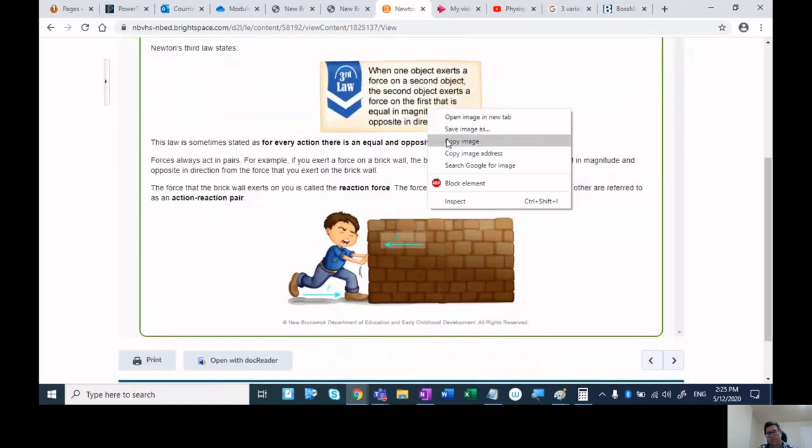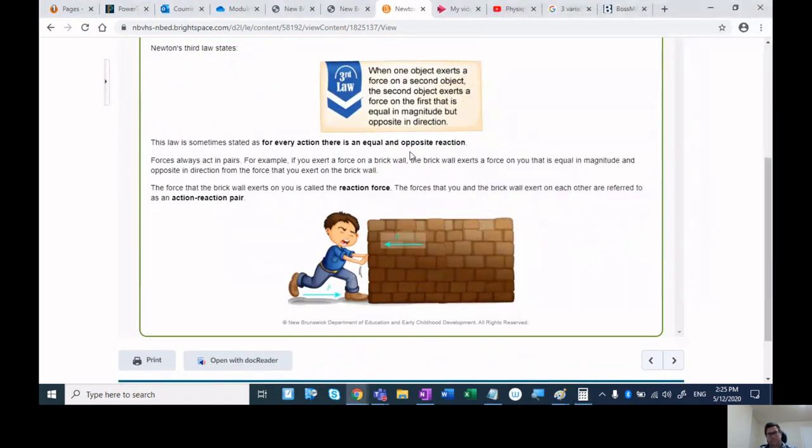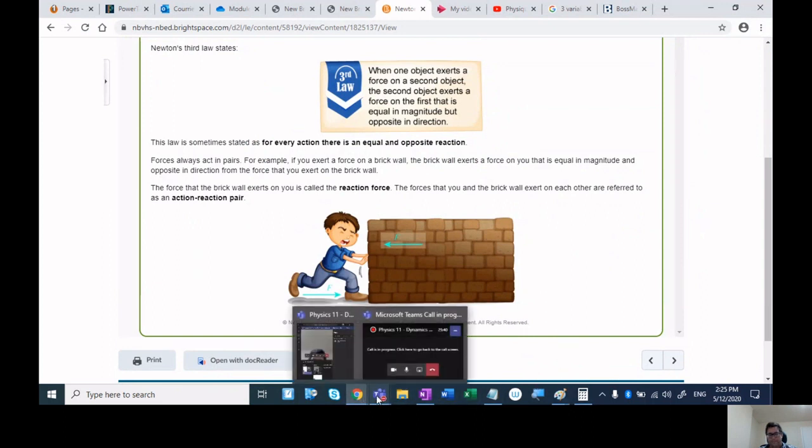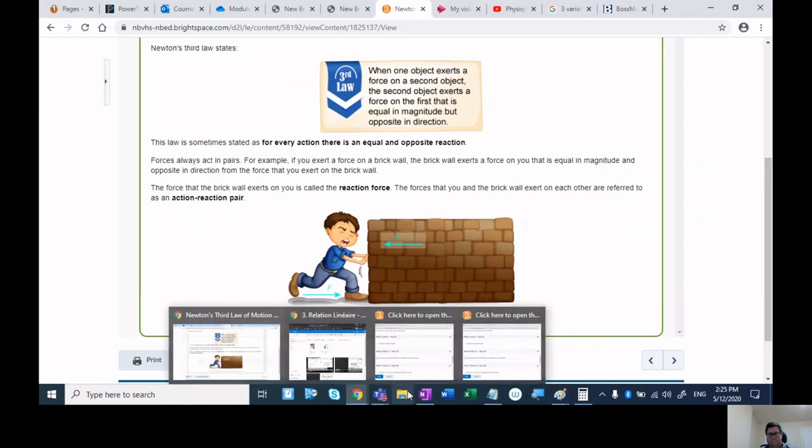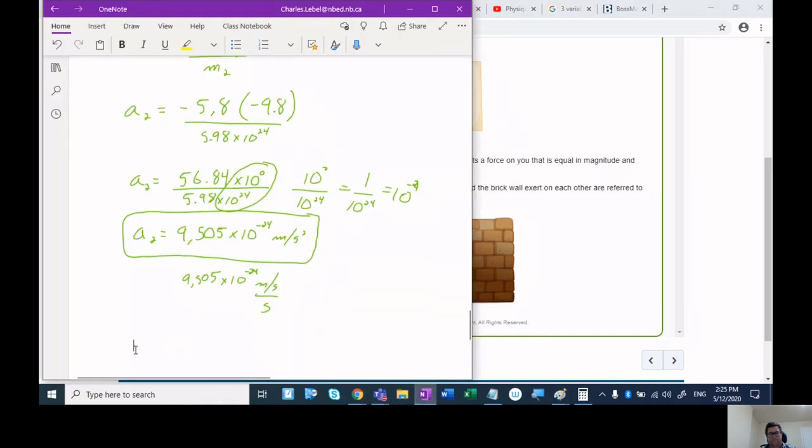And finally, the third law of motion. So FYI, the second one is the most voluminous. Good deal.